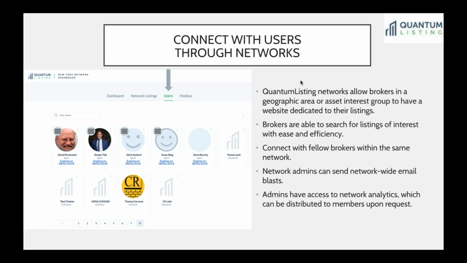If you're a network admin, you can send a network-wide email blast, which is kind of neat. And the admins also have access to network analytics, which, if you choose to, you could distribute to your network membership.